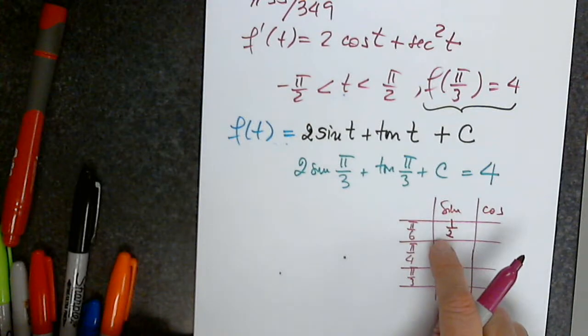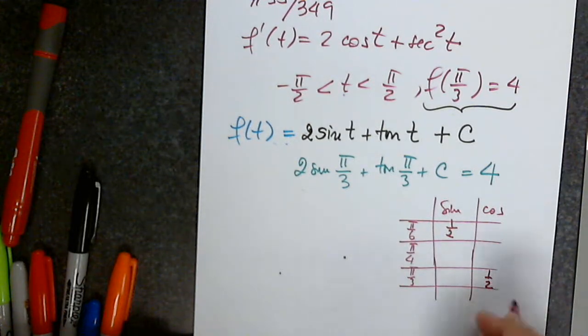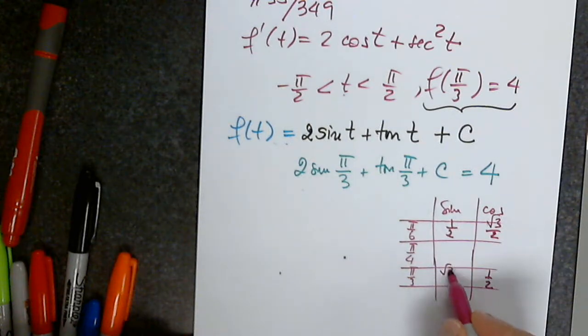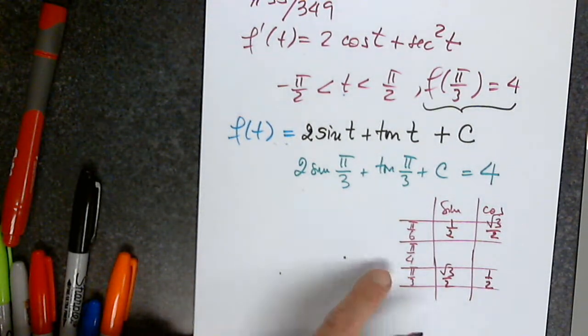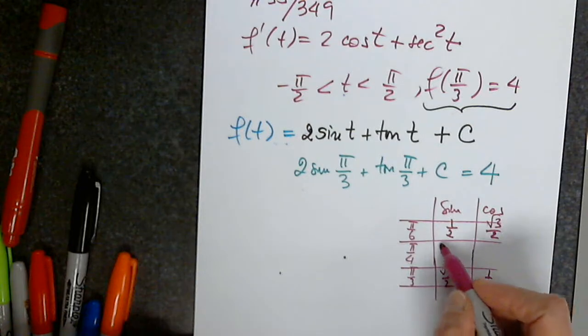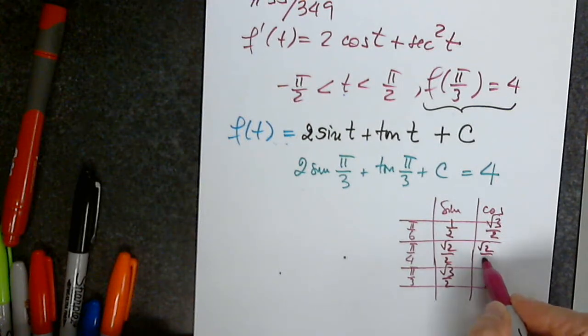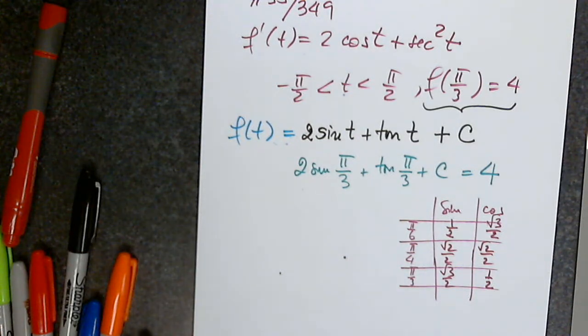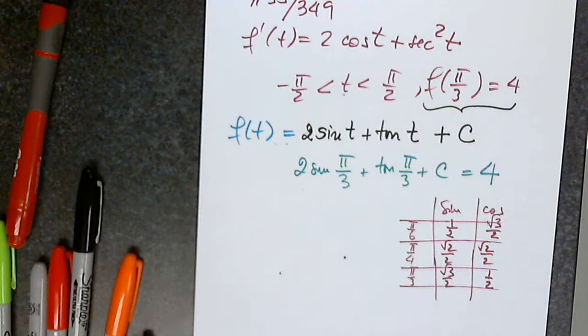Always start with 1/2 for the smallest angle, and then 1/2 here. And continue with the square root of 3 over 2 here, and copy it here. And this is the easiest angle to work with because both are the same. The square root of 2 over 2, the square root of 2 over 2. So I always tell my students, and I'm telling you, don't memorize anything beyond this.